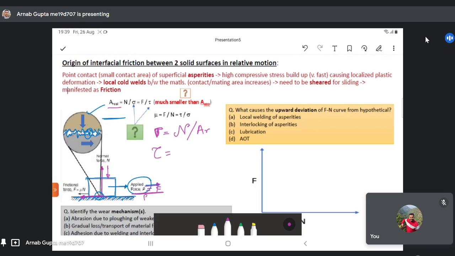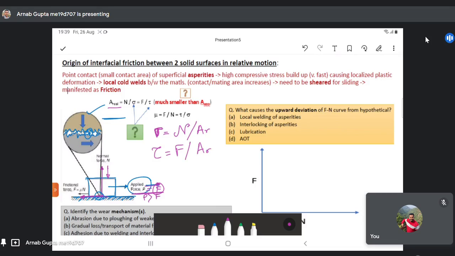In case P is greater than the friction force, then the body will accelerate. But if you just need to move the body, then P should be equal to F. At a constant velocity, P should be equal to F. So we are considering that limiting condition, P equal to F. Due to this friction force, the shear stress being generated can be written as F, the friction force, divided by the real area of contact, AR, right?